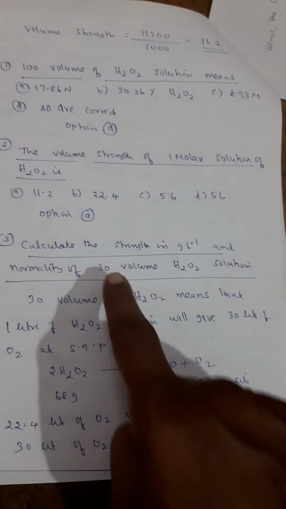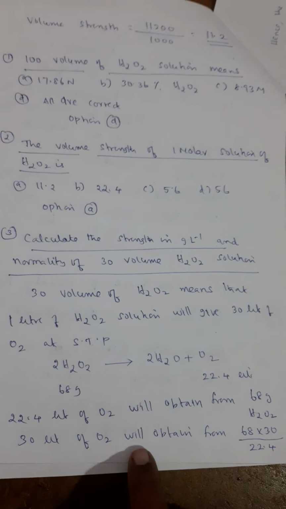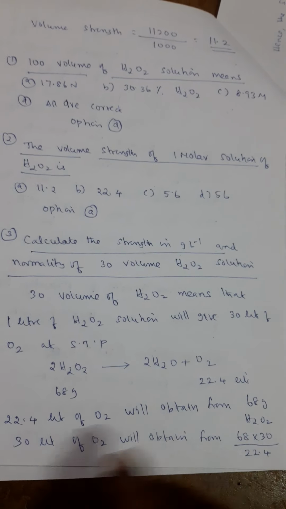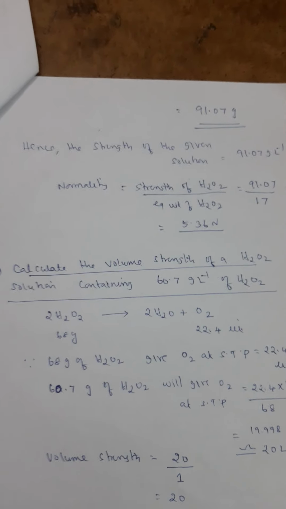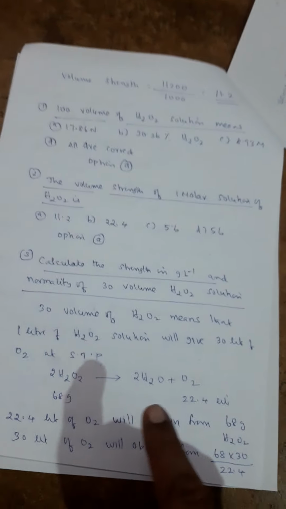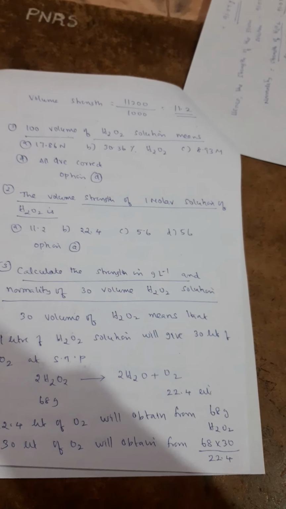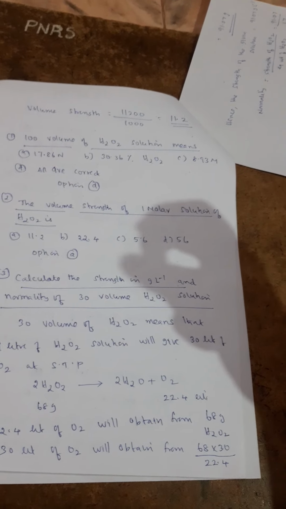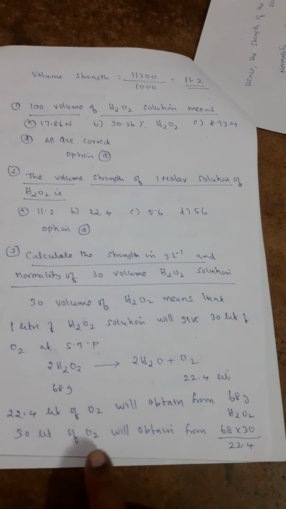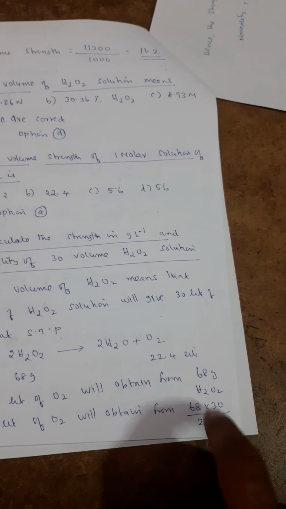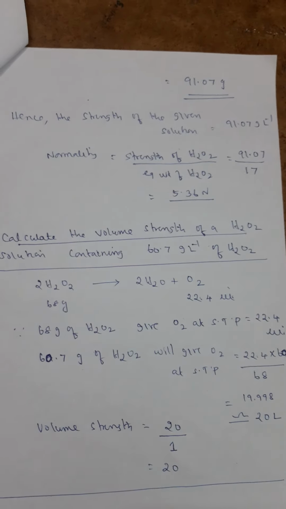So the question is 30 volume. 30 liters of oxygen will be obtained from 68 into 30 by 22.4. Simplifying, we get 91.07 gram. So 30 volume hydrogen peroxide means 1 liter of hydrogen peroxide solution will give 30 liters of oxygen gas at STP, and 30 liters of oxygen is obtained from 91.07 gram.